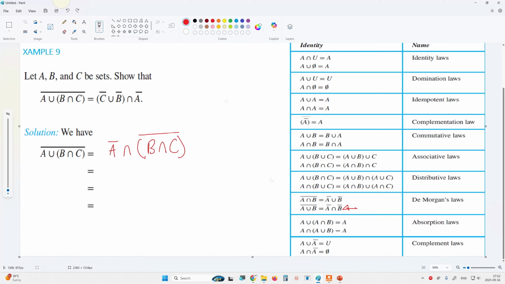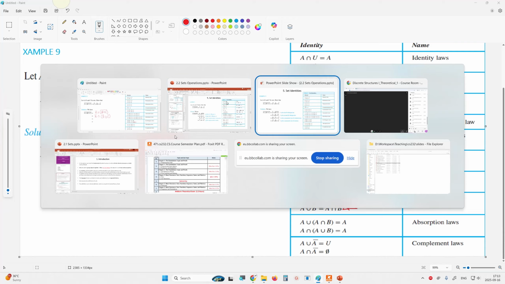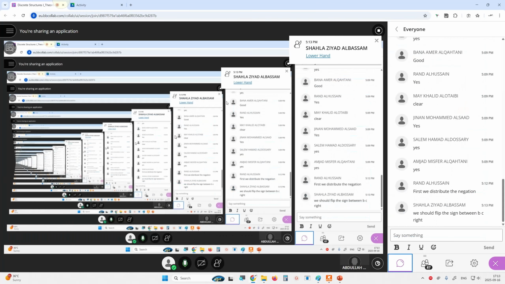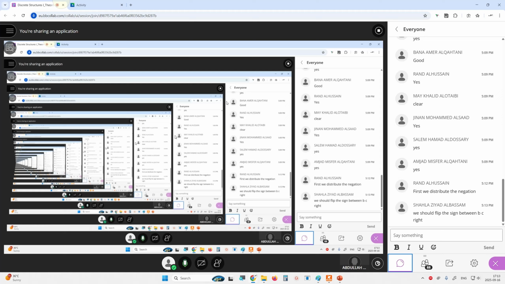All right. So then again, I'm going to apply De Morgan's law only on this part, which is the complement of A intersection of what's inside, which is going to be the complement of B union the complement of C. Somebody raised a hand: should we flip the sign between B and C?